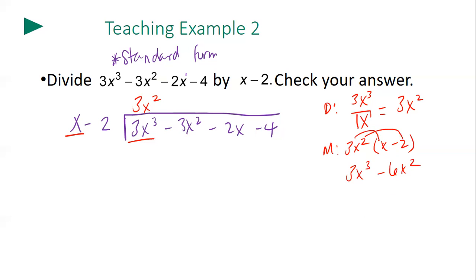You follow the arrow. 3x squared times x is 3x cubed. 3x squared times negative 2 is negative 6x squared. So the first thing we did was divide.